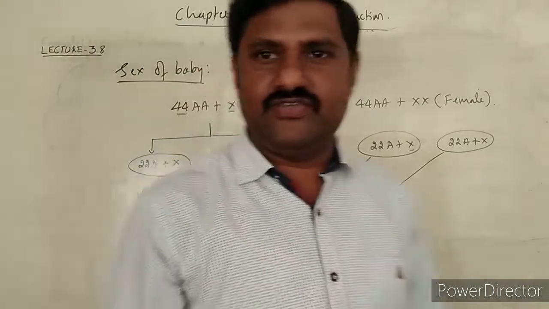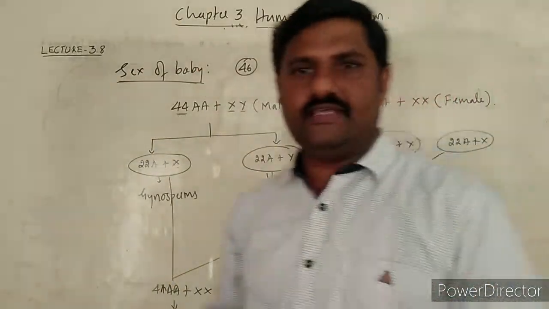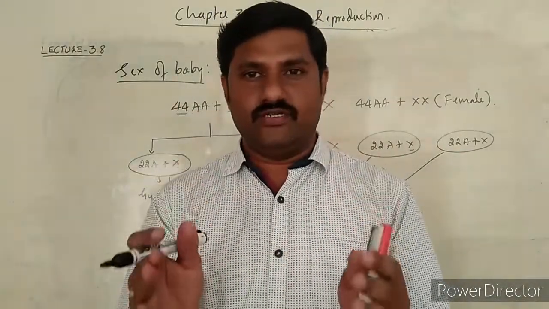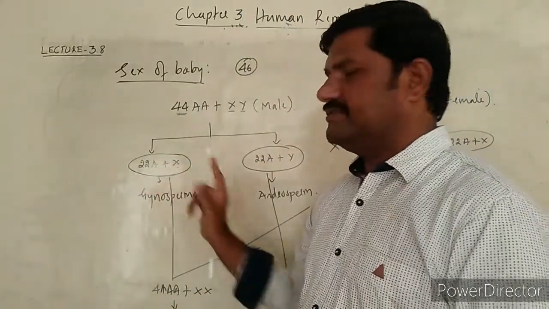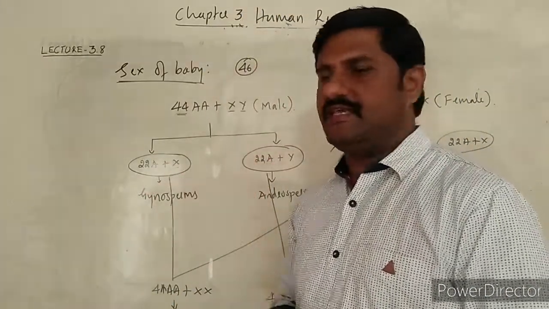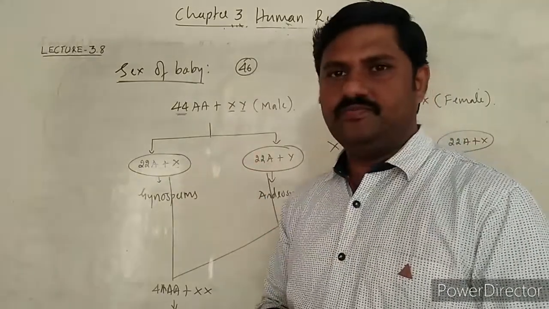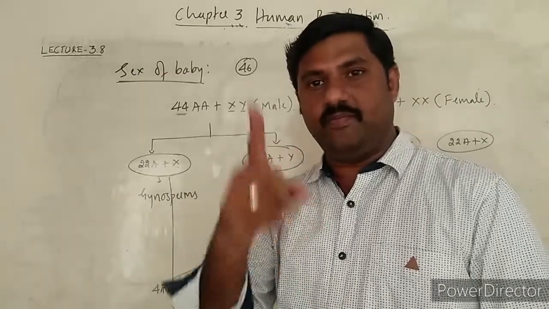If they fertilize any egg cell, then that determines the sex of the individual. Whether the sperm with X fertilizes the egg cell, or the sperm with Y allosome fertilizes the egg cell, it determines the sex of the baby.